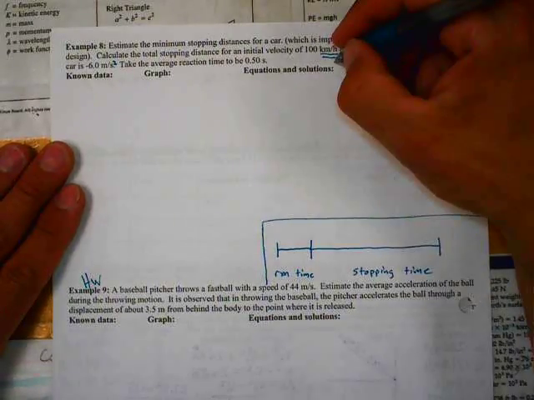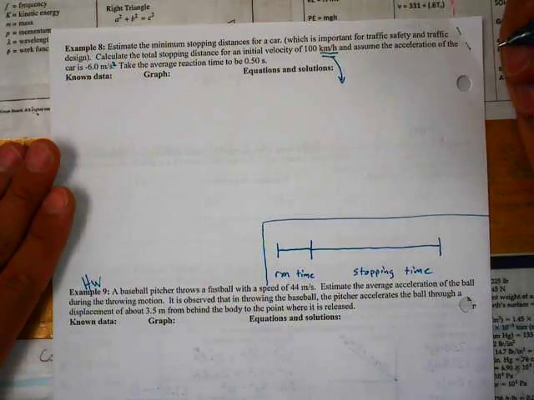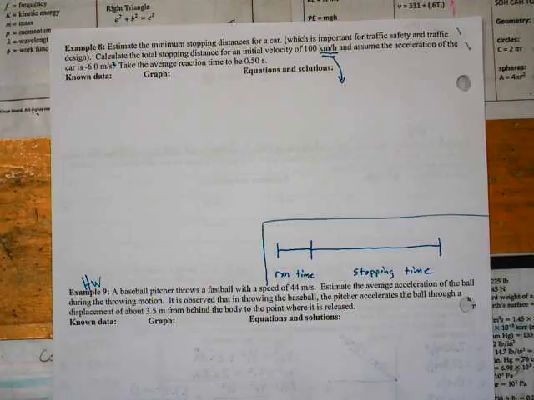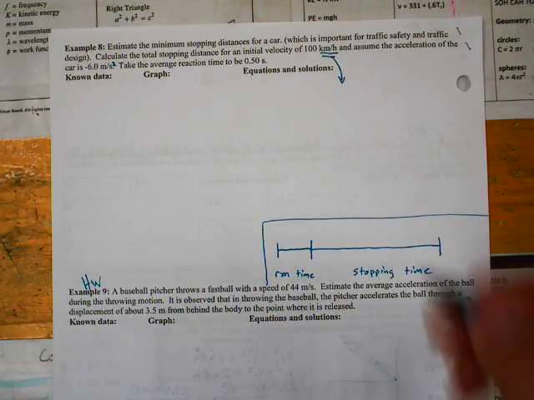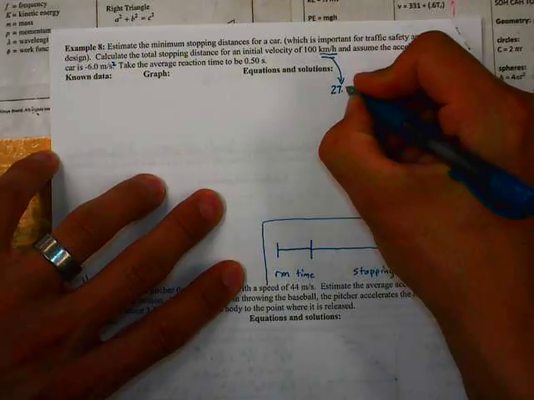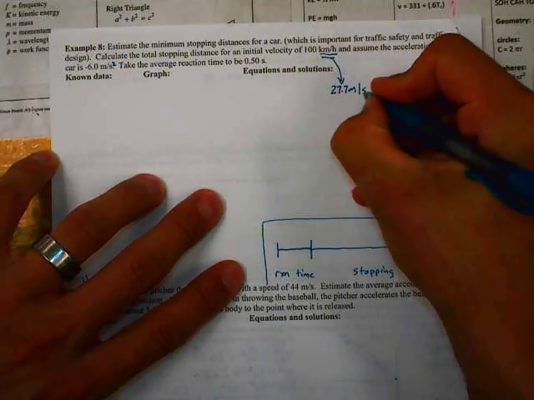Now we've gone over how to convert, so I'm not going to take the time to do it. What's that come out to be? I'll just tell you. Did anybody convert it already? Yeah, 27.7. Okay, so this in meters per second, 27.7.